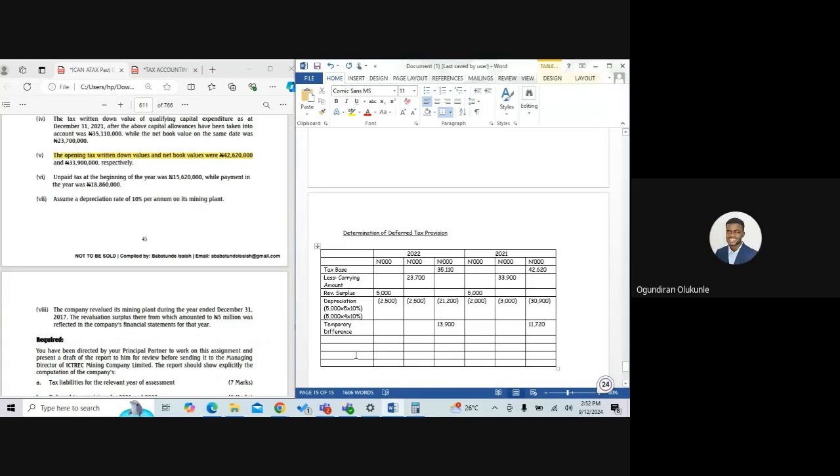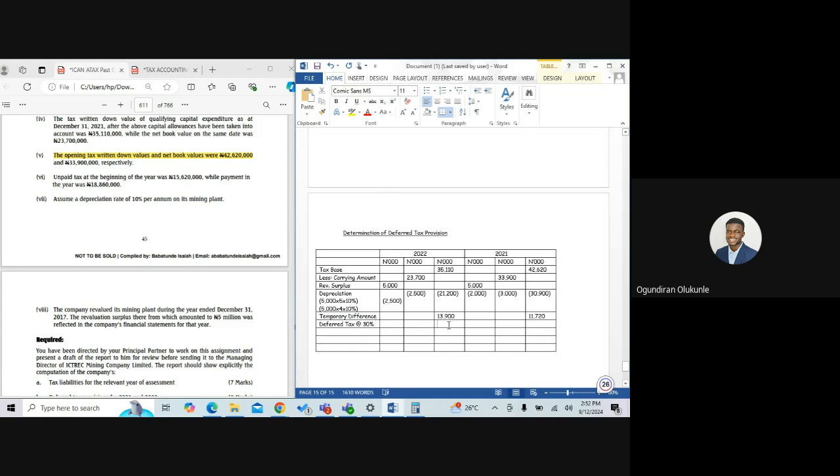Right. So we have the deferred tax at 30%, because that's what we were asked to do. They only told us to look for the deferred tax provision here, for the 2 years, not the difference between the two. So how much is the deferred tax at 30%? 30% of 13,900.